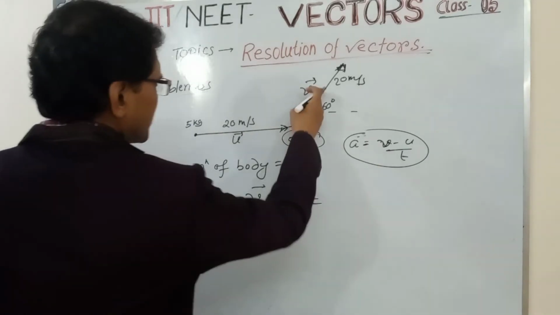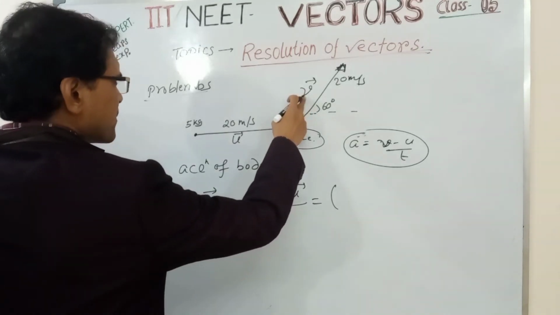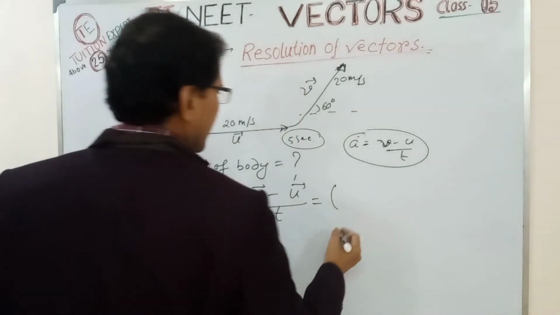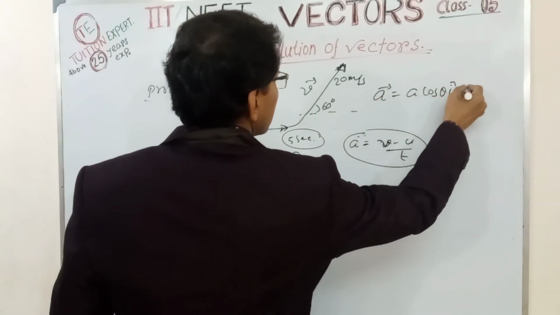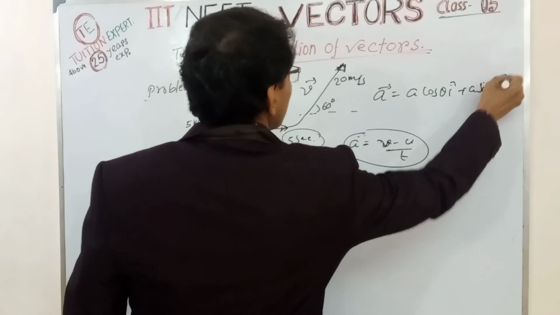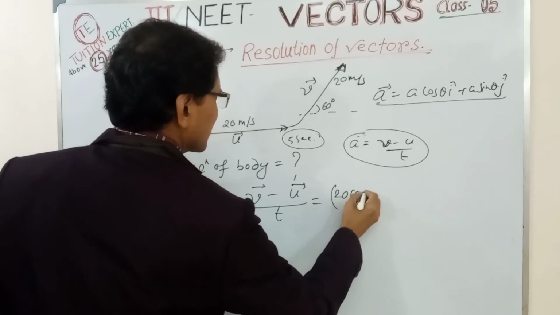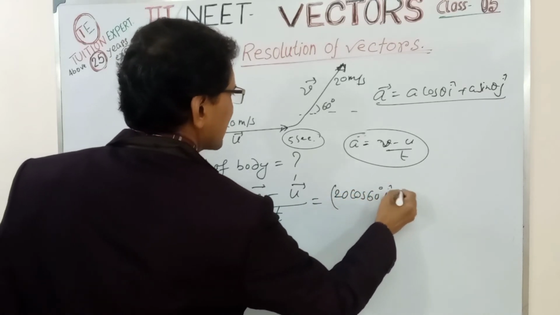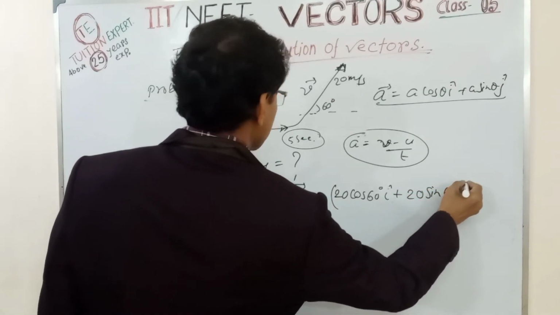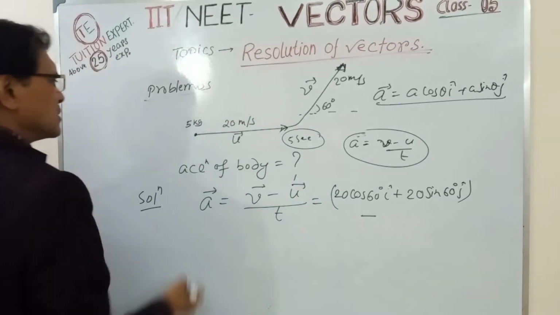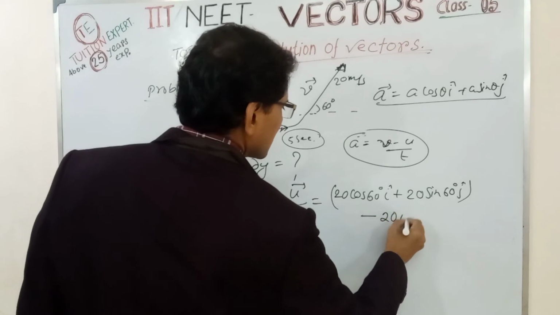So we resolve v, expressing v in terms of i and j. Using the formula again, v becomes 20 cos 60 degrees i plus 20 sin 60 degrees j. This is v minus u, and u is completely directed along the x axis, so u is 20i.